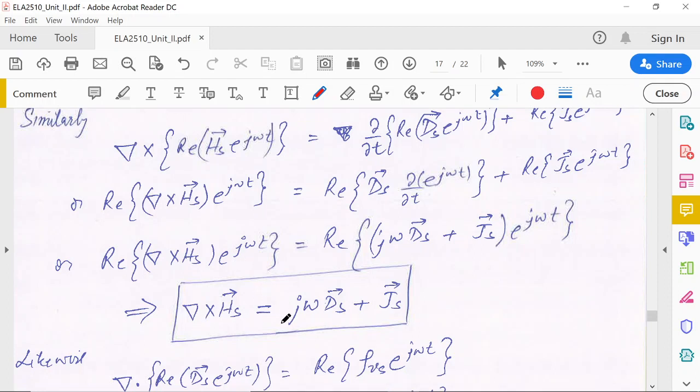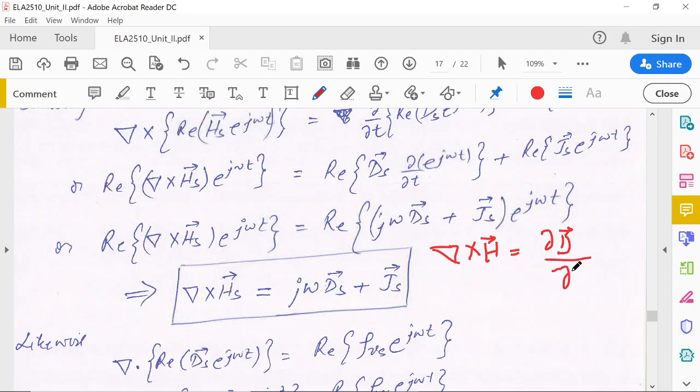For example, the second equation is the curl of H equals del D over del t plus J. The actual equation is del cross H equals del D over del t plus J, and when you find the phasor form you will get del cross H_s equals j omega D_s plus J_s.